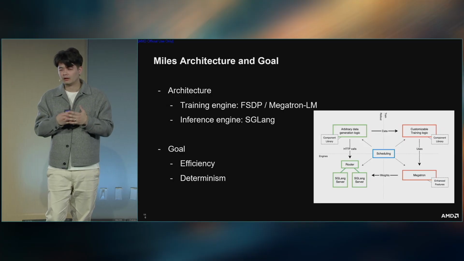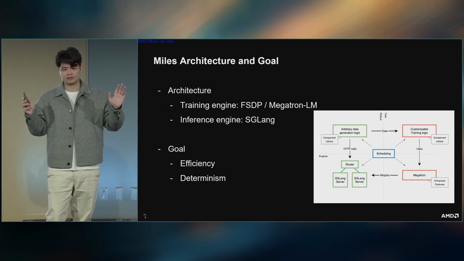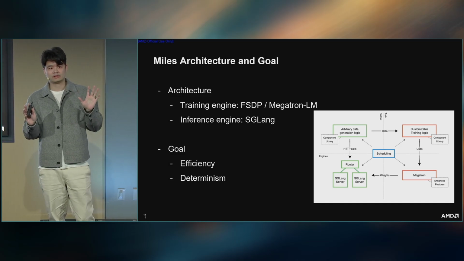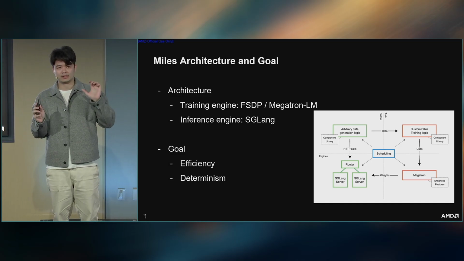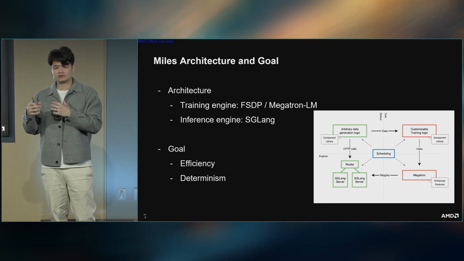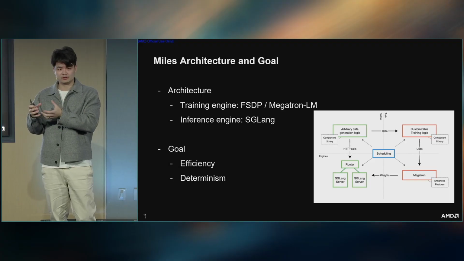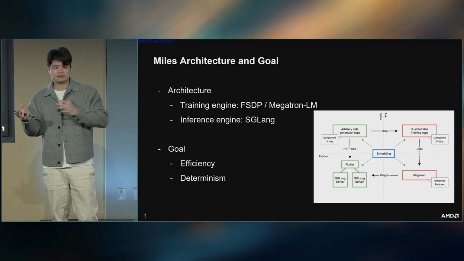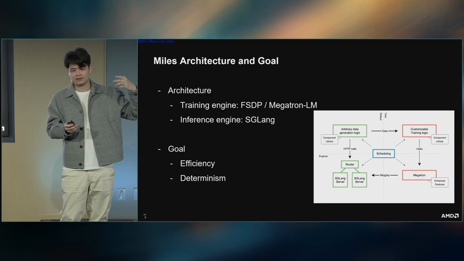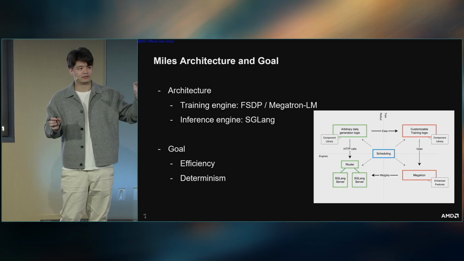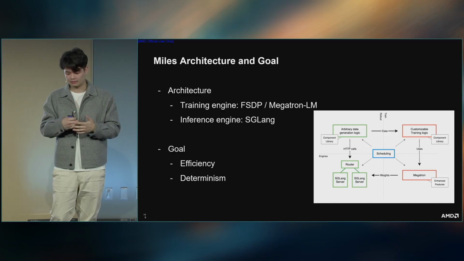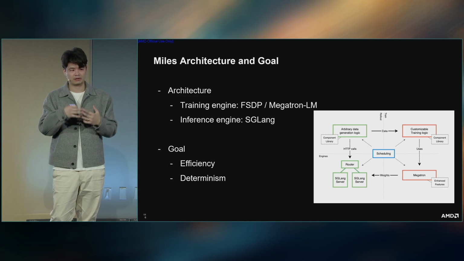And the other one: as I mentioned, there are two different engines in the RL system, so you may encounter some mismatch problems, because you use your inference engine to get some output, but your training engine also uses a different kernel or function, so you will get a different output.